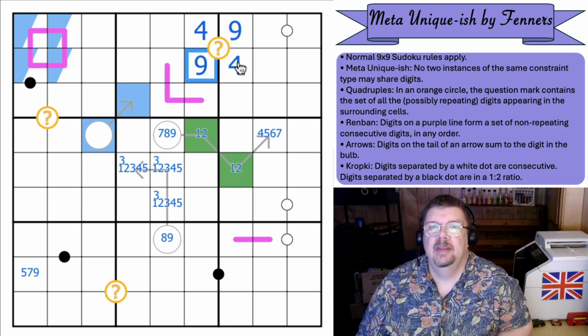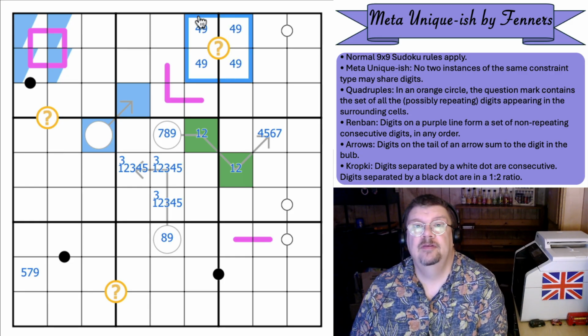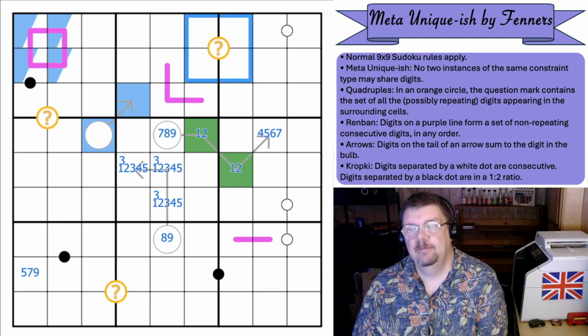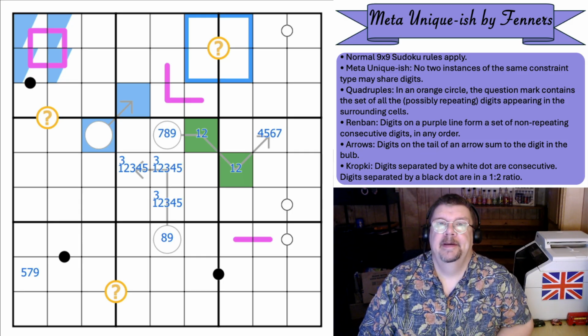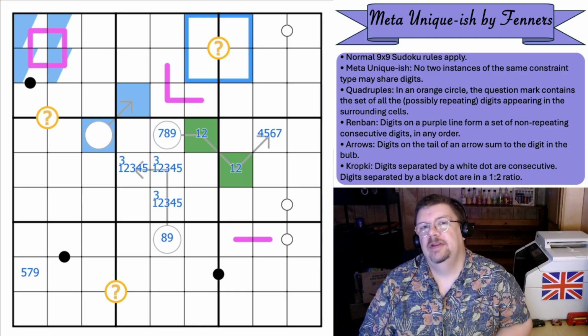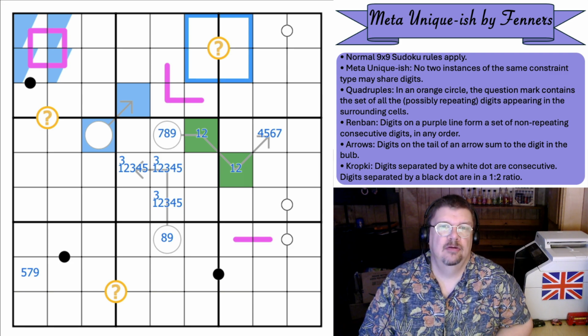But if that were 4 and 4 and 9 and 9, if I put it as pencil marks, there's nothing in the logic of the puzzle that would tell me which way round the 4 and the 9 go. So I can see that they will not have 2 pairs of repeated digits. But I can't use uniqueness as an argument because the puzzle might not be unique. But it at least gives me something to look for.